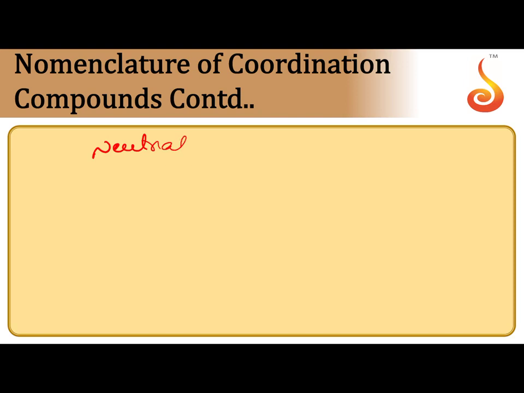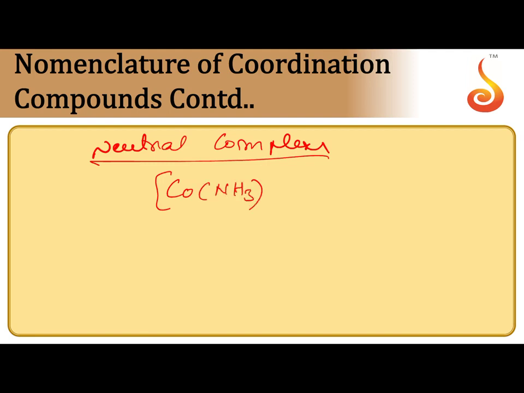Neutral complexes. A complex is neutral if the charge present on the coordination entity is 0. Suppose [Co(NH3)3Br3]. In this case the oxidation number of cobalt is 3. The total charge present on the coordination entity is 0. No counter ion is present outside.